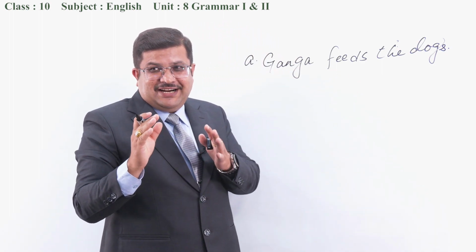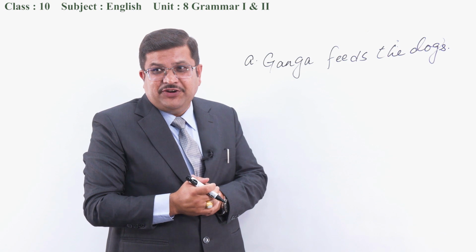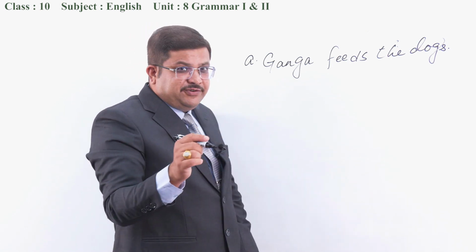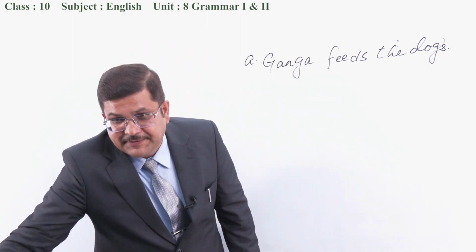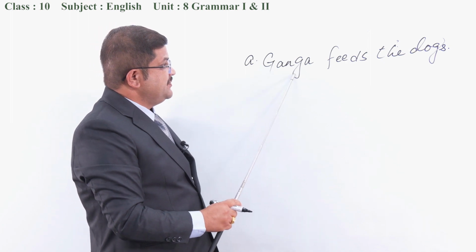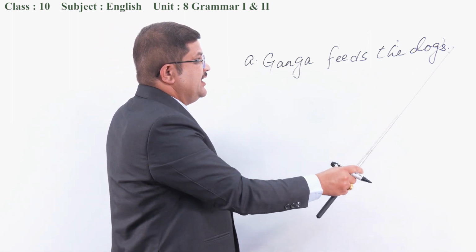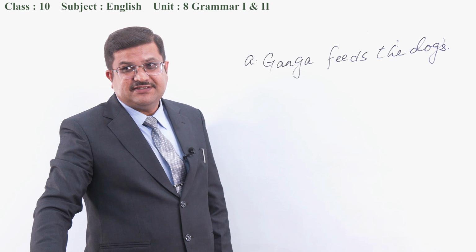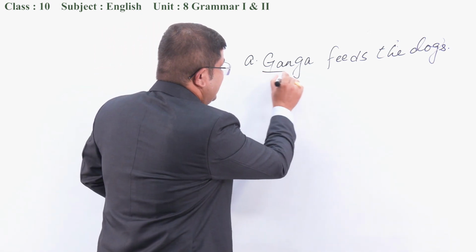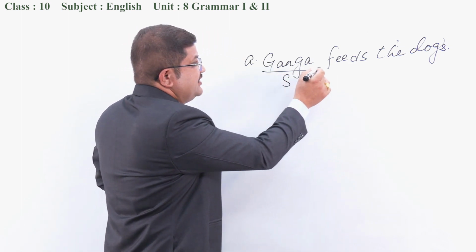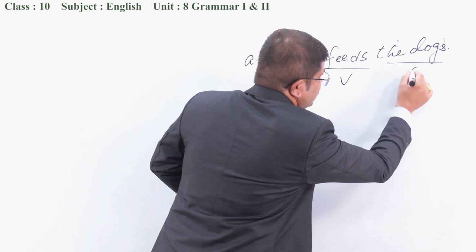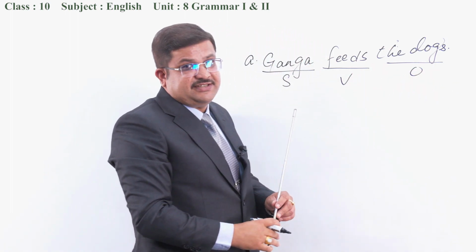Okay, did you write this sentence in your exercise book? Very good. So now, dear students, please identify subject, verb and object in this sentence. Very good. This one is subject, this one is verb, and this one is object.